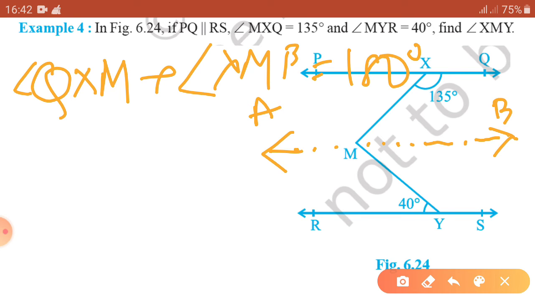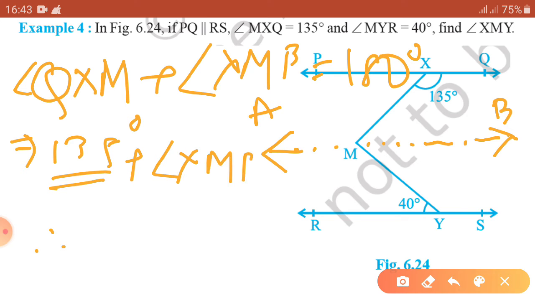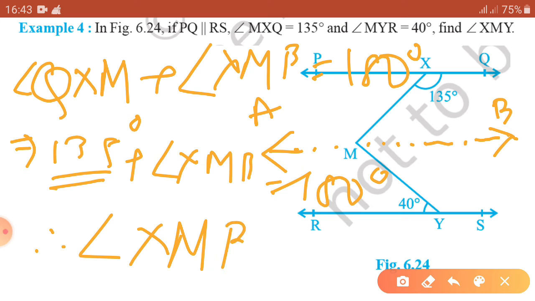Now according to the question, angle QXM is equal to 135 degrees. So angle XMB is equal to 180 degrees minus 135 degrees.